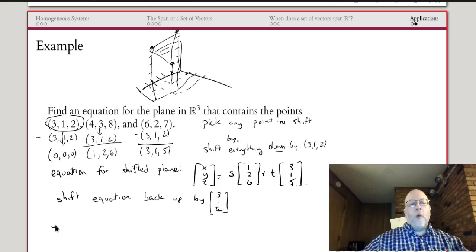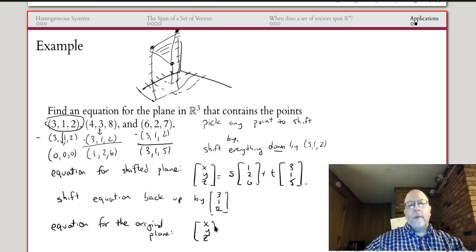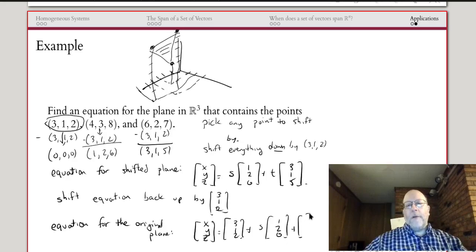And so the equation for the original plane is xyz equal to 3, 1, 2 plus s times 1, 2, 6 plus t times 3, 1, 5.